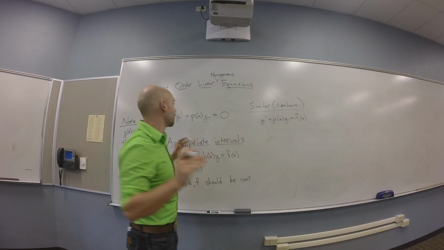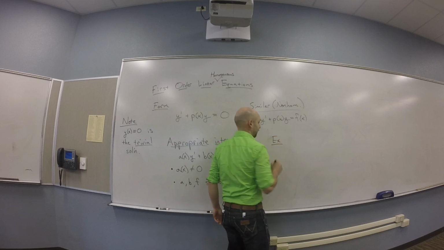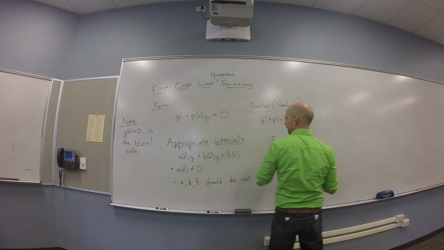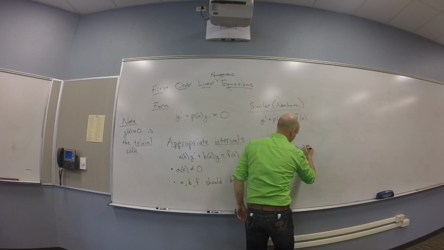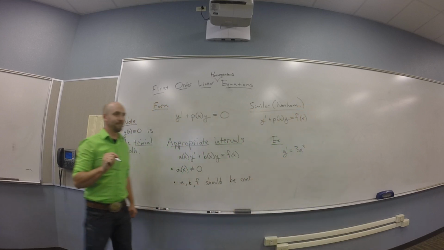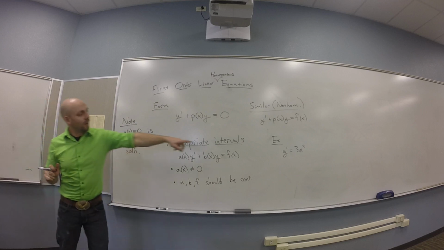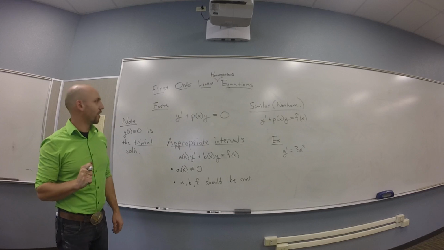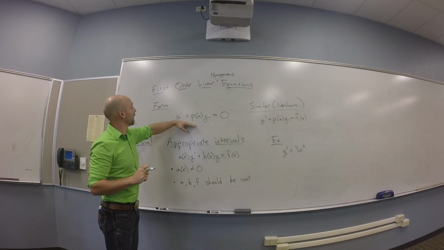Cool with this? Okay. Let's try solving the easiest differential equation I can think of off the top of my head. Does y prime equals 3x squared fall into the form that I advertised?